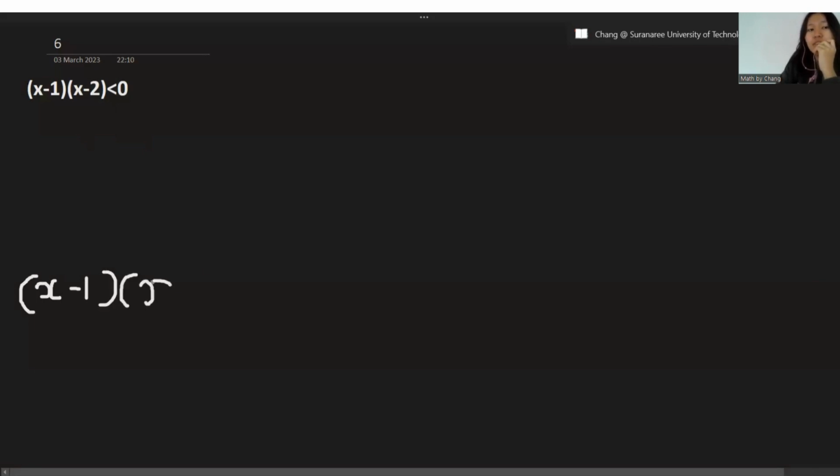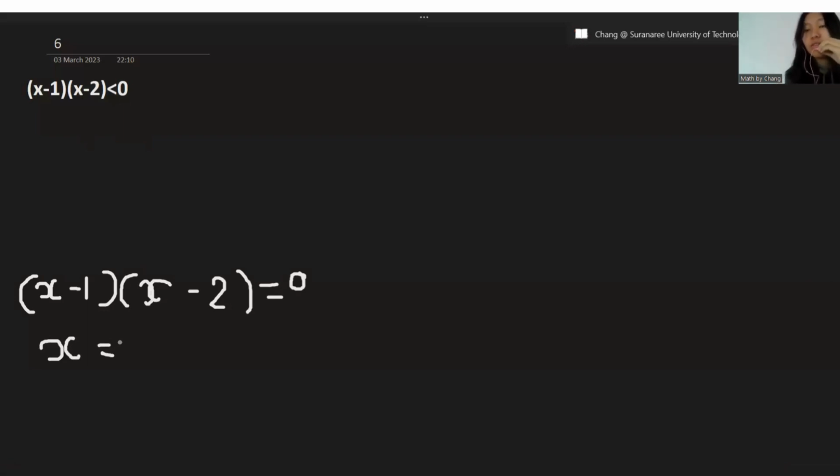So x minus 1, x minus 2 equal to 0. So what will you get as the value of x? You will get 2 values, right? Here I want to remind you that in a linear equation, where the power of x is 1, you will get 1 answer for x.